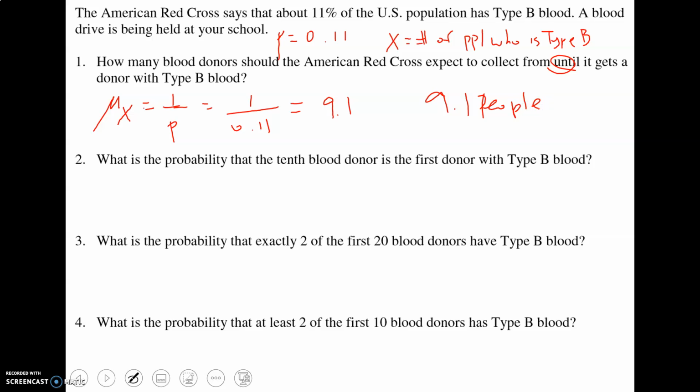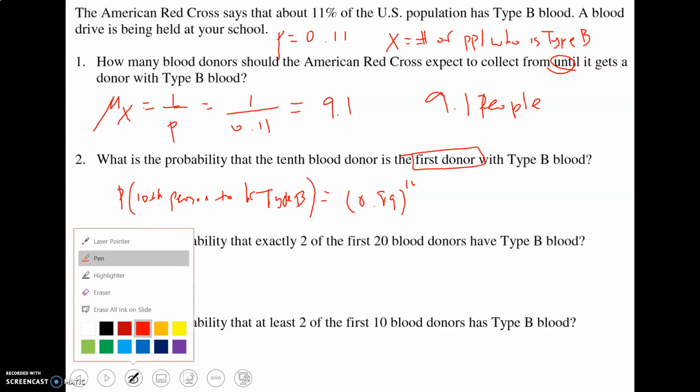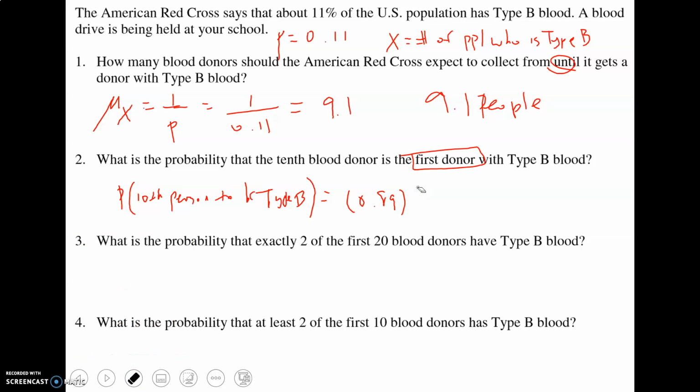Number 2, what is the probability that the 10th blood donor is the first donor? Again, it's another geometric setup. So basically, I want to know the probability of having the 10th person be blood type B for the first time. So basically what it means is that you failed to find blood type B for 9 people, right?